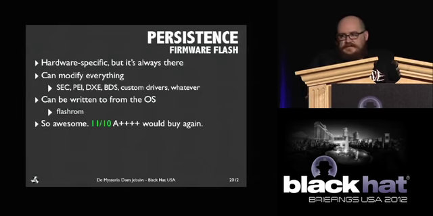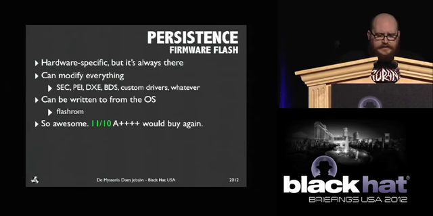So if we can successfully do this, then we can Trojan the SEC phase, PEI, DXE, like all the core EFI stuff. We can stick our own custom drivers in, whatever we want. Again, this can be written to from the operating system using flashrom, in a lot of cases where the chipsets are supported, quite a few of them are on Macs, I've found. So if that works, that's pretty sweet.